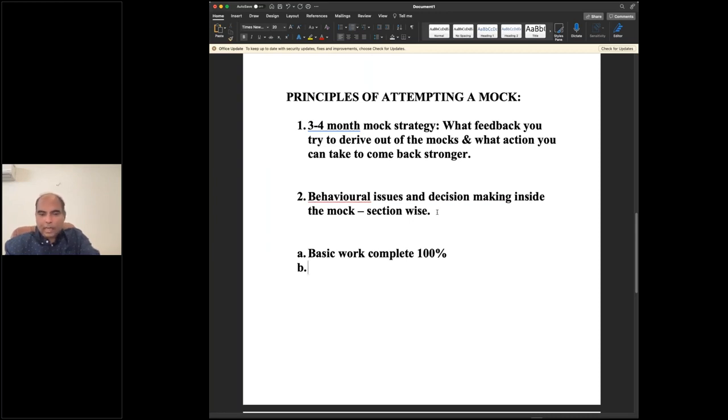The second kind of student would be 50% plus completed. The third kind would be people who are 20 to 50% complete. And the fourth kind will be below 20%. So all these people who are just starting off, and of course, people who started off maybe 10, 15, 20 days ago. So these would be the four situations of different CAT aspirants at this point.